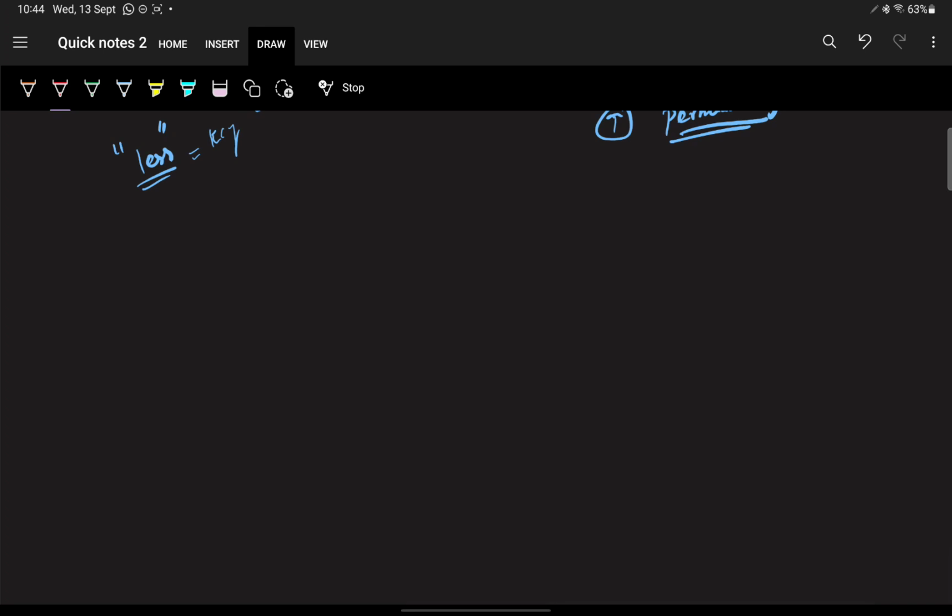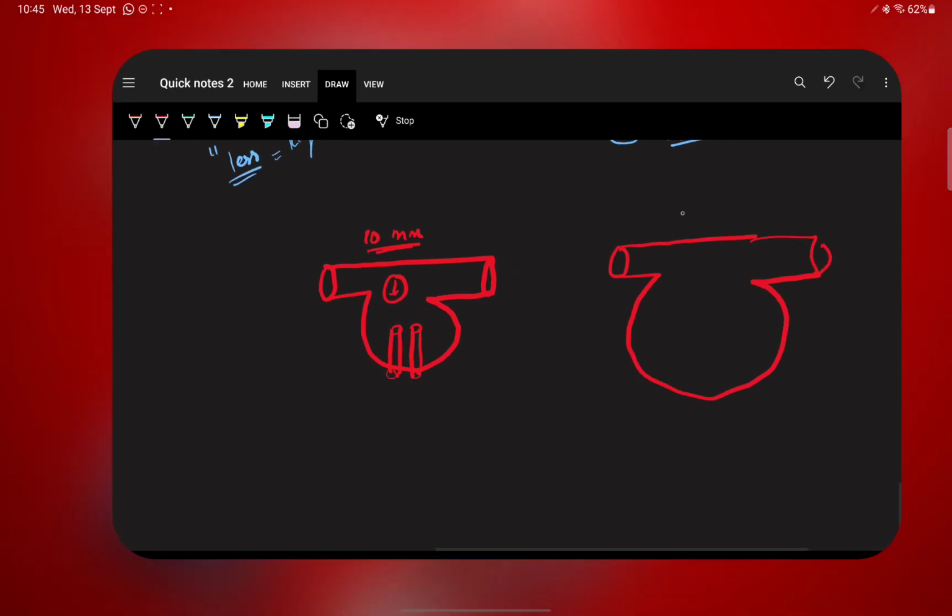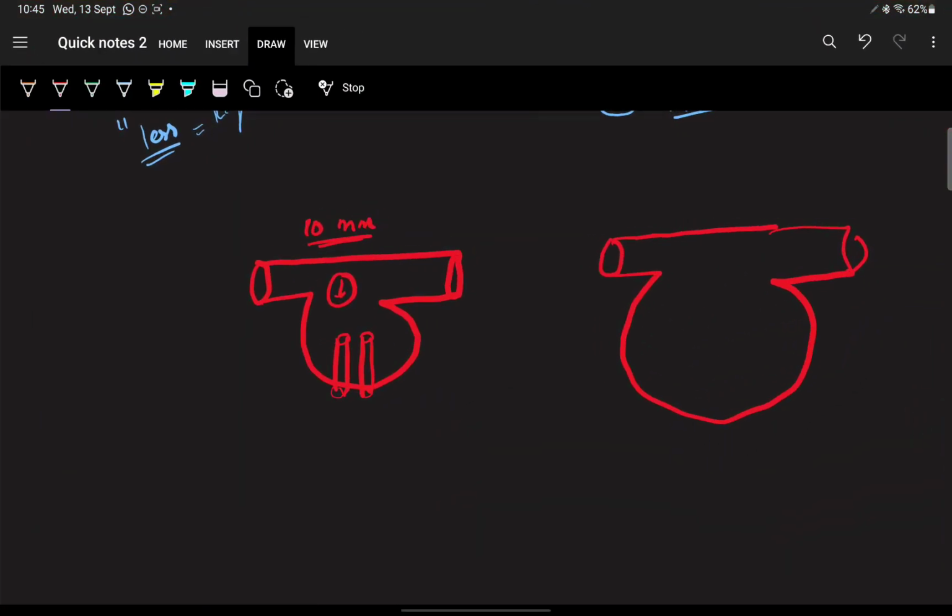Next, we will talk about the surface area. So if this capillary is having a surface area of 10 mm, obviously the surface area is less, so the permeability will be less. Now imagine a condition where the surface area is a lot bigger. Here the surface area is about 100 mm.